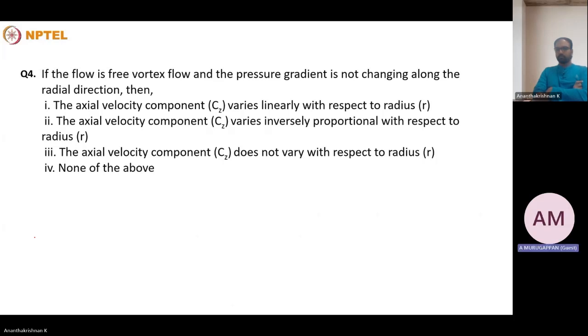Option 3, the axial velocity component does not vary with respect to radius r. Yes, right.